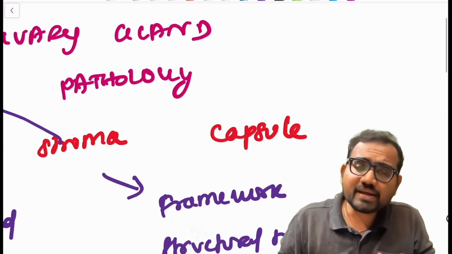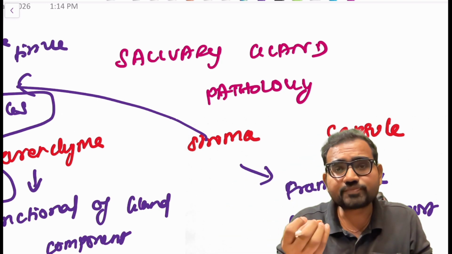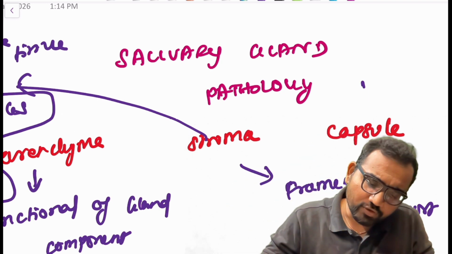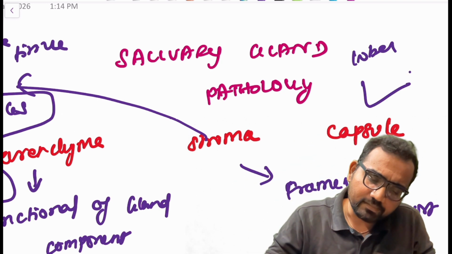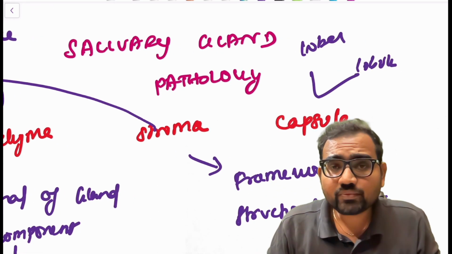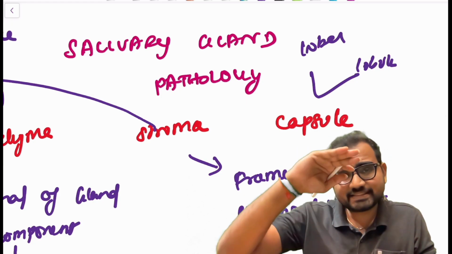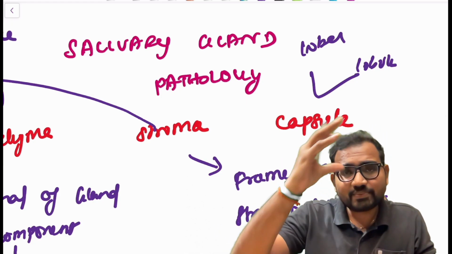Now, what do you mean by a capsule? Capsule is the one that divides the gland into lobes and lobules. Say for example, take parotid gland. Parotid gland will have superficial and deep lobes. So a single gland is separated into lobes. Imagine a cricket ball.